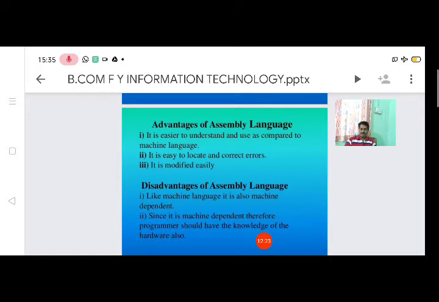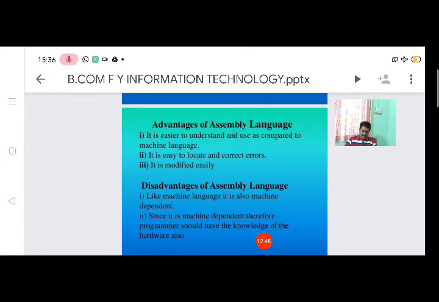Mostly, assembly language is used to help in computer orientations. The instructions of the assembly language are converted to machine code by a language translator and they are executed by the computer.